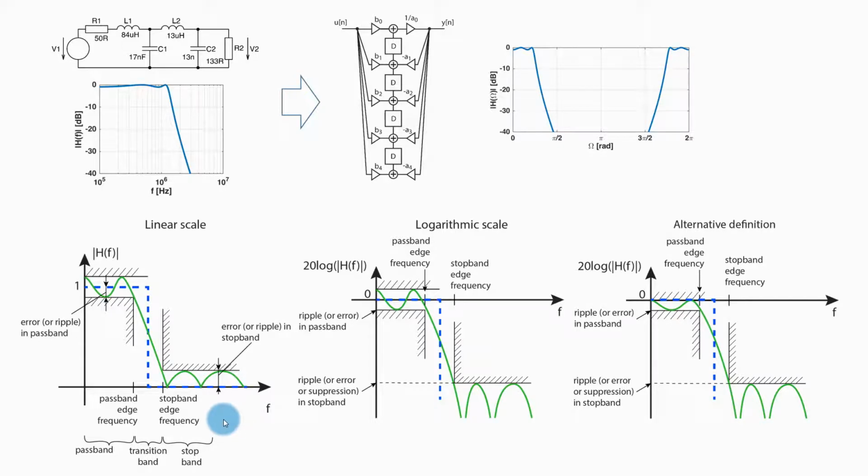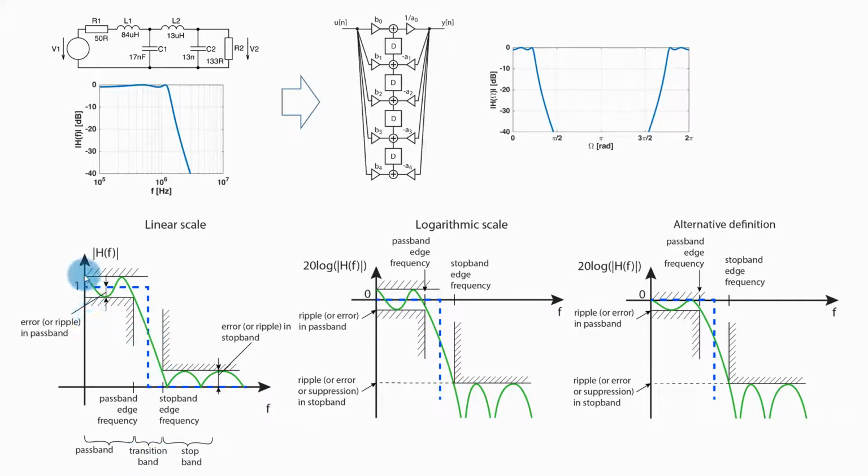You can only approximate it, and an example of such an approximation I'm showing here with this green line. So in a real-world frequency characteristic, you are going to have some passband where everything is passed with approximately constant gain, and you are going to have a stop band where everything is suppressed as much as possible. In between the passband and the stop band, you are going to have a transition band.